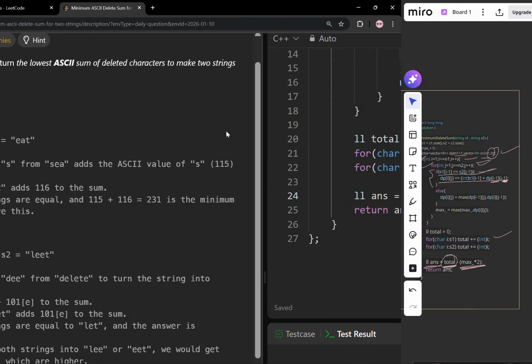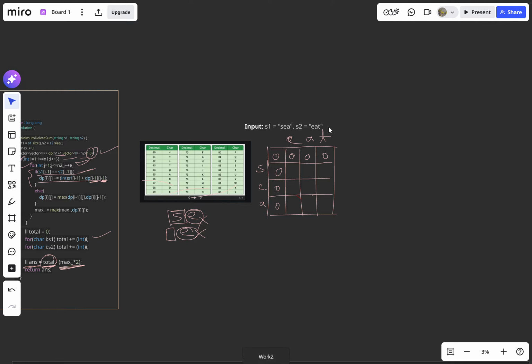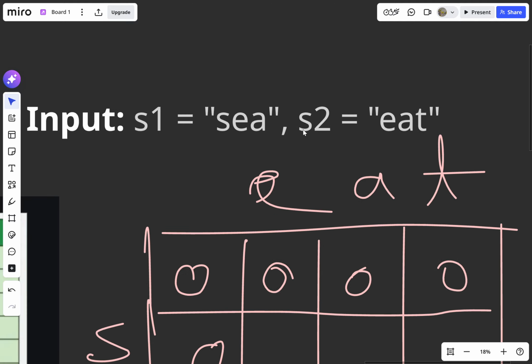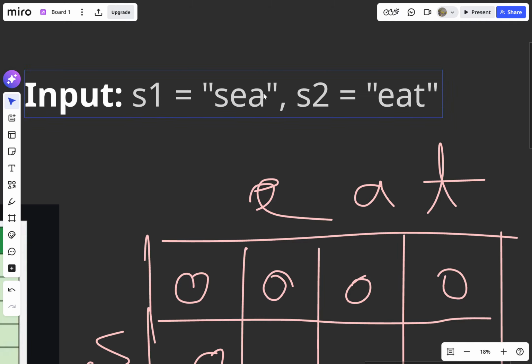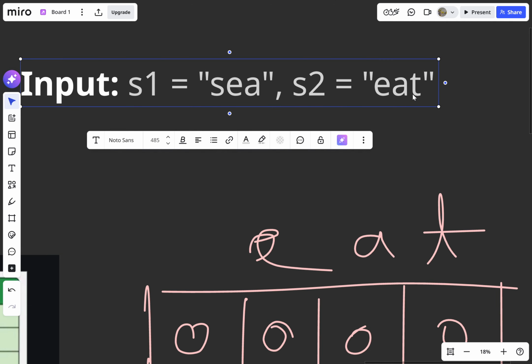Now just think about it. If we want to delete some of the characters from SEA and EAT, how many minimum characters will we delete? We can delete S and we can delete T, and we will have E and A as the longest common subsequence.